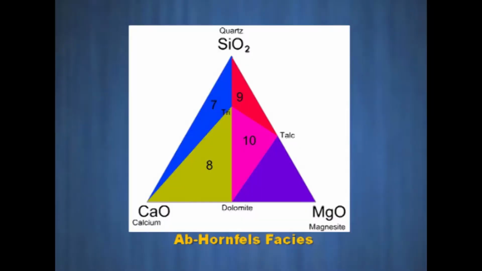Another important thing is the calcareous assemblages. We can see the calcareous assemblages which are usually present in albite epidote Hornfels facies. Please see on the screen the diagram where we can see calcite, dolomite, tremolite; calcite, tremolite, quartz, which are very important.